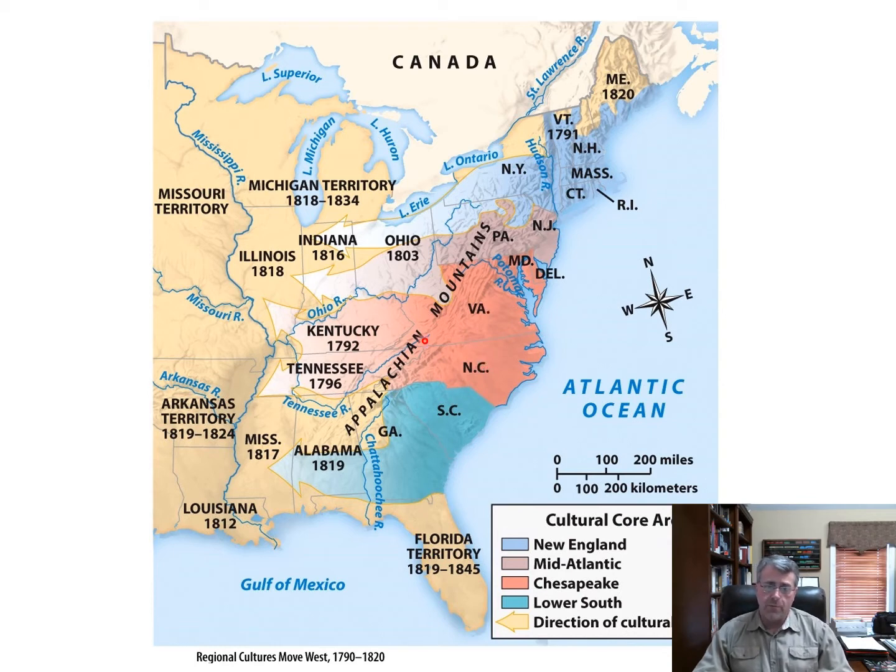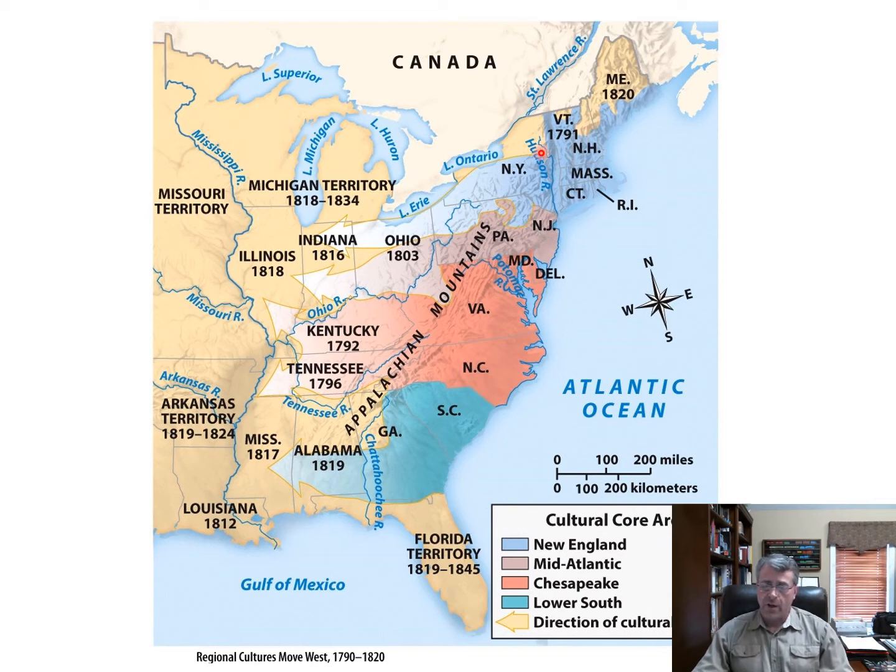As those people begin moving west, Kentucky and Tennessee will start looking very much like Virginia and North Carolina in terms of the culture we see present there. And then, of course, in Ohio, Indiana, Illinois, in this territory, people moving out of New England into these territories will bring with them their lifestyle and life ways as well. And so Ohio, Indiana, and Illinois will eventually start looking like New York, Pennsylvania, and New England.